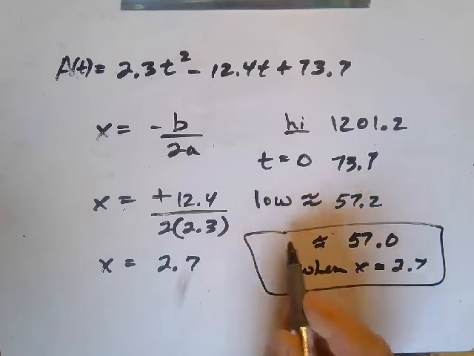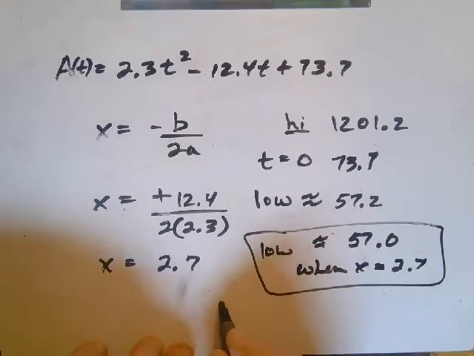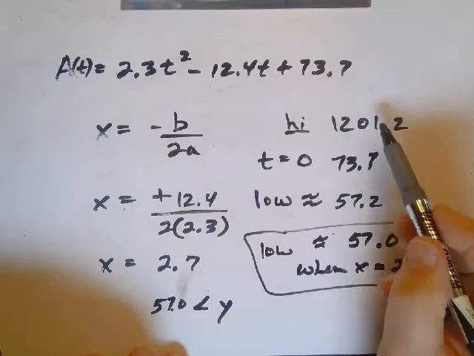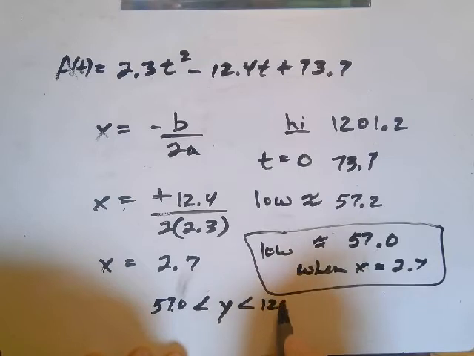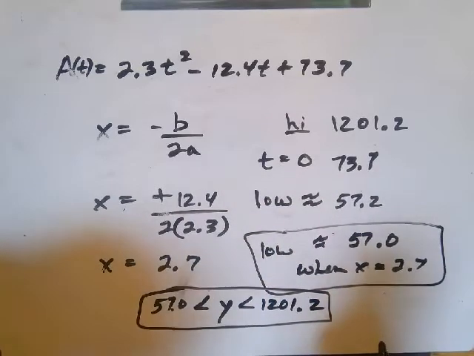So this is our low, really. Okay, so it's asking for the range. So the range, the y values, are sandwiched between 57.0 and our high, which is 1201.2. There is your answer to that problem.